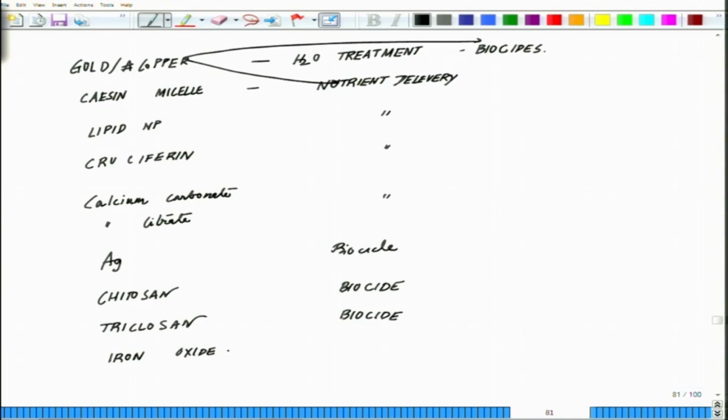Iron oxide is used for multiple applications, including imaging applications in animal systems. So in a way, it is a diagnostic tool.